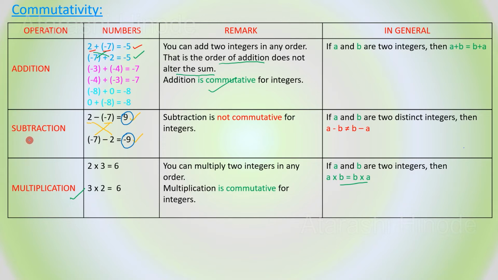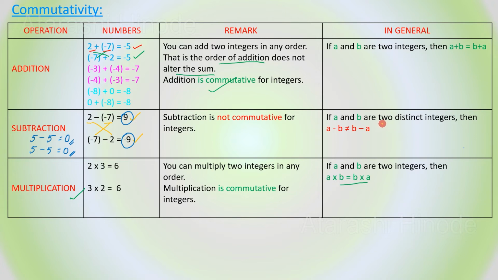But if we take the same integers for subtraction, for example 5 minus 5, it is equal to 0. After changing the order of the integers, it is again 5 minus 5, that is also 0. Here in both the cases we get the same answer.